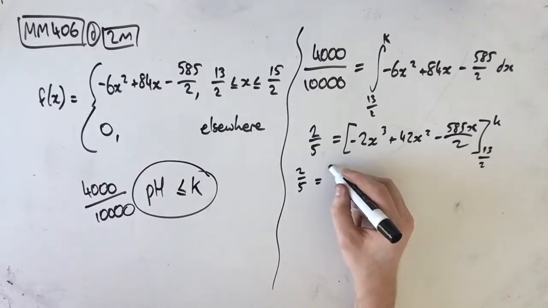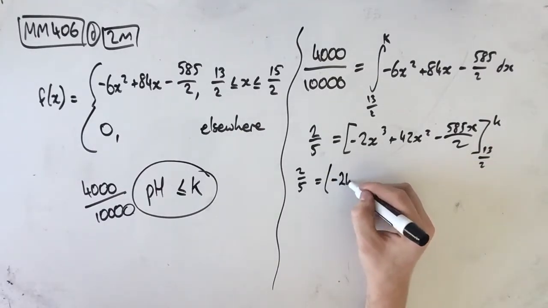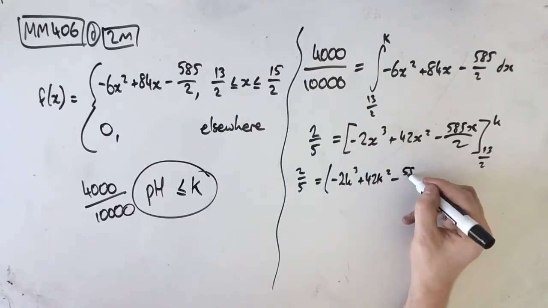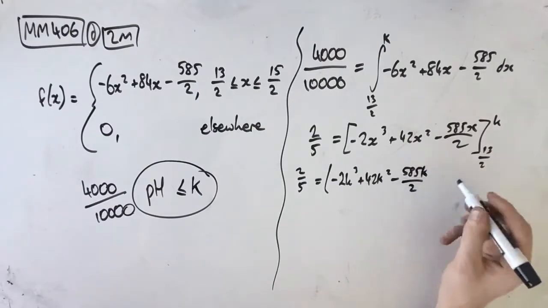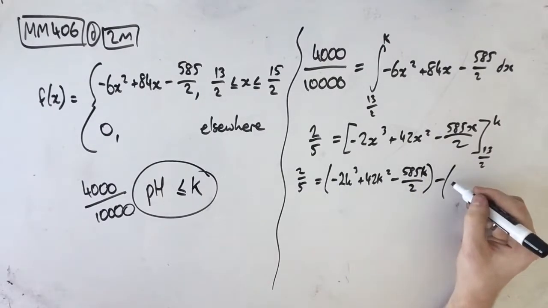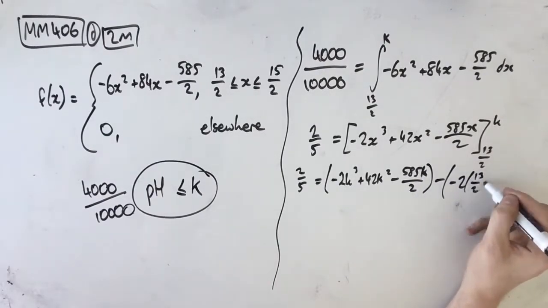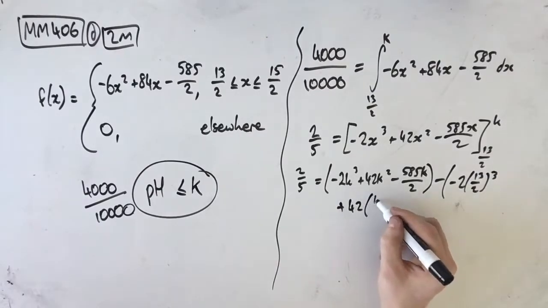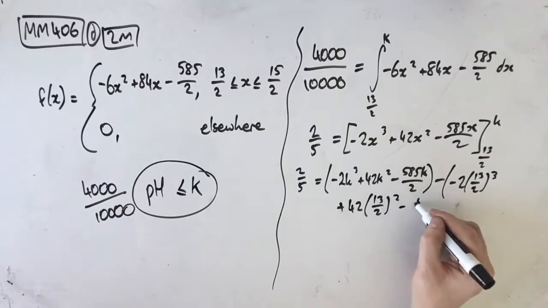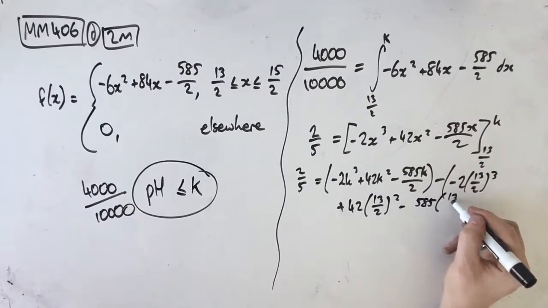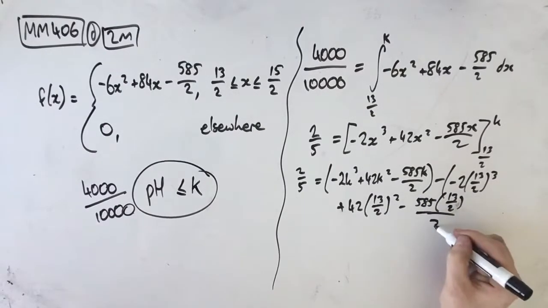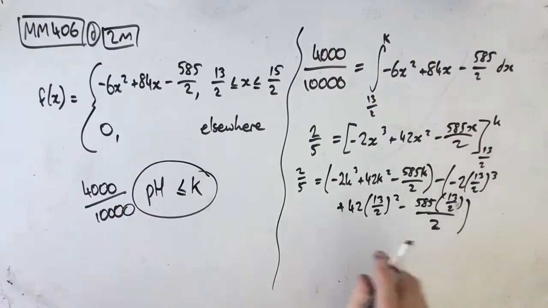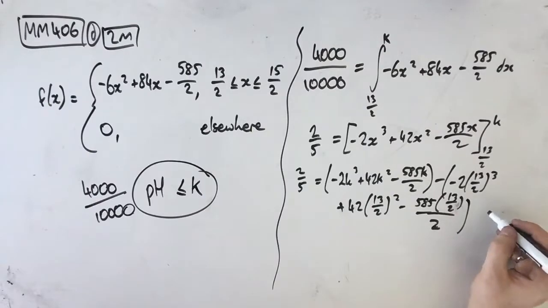So we get negative 2K cubed plus 42K squared, take 585K on 2, minus negative 2 times 13 on 2 cubed, plus 42 times 13 on 2 squared, take 585 times 13 on 2 over 2. Awesome. And that's it. Actually, that's our first mark.